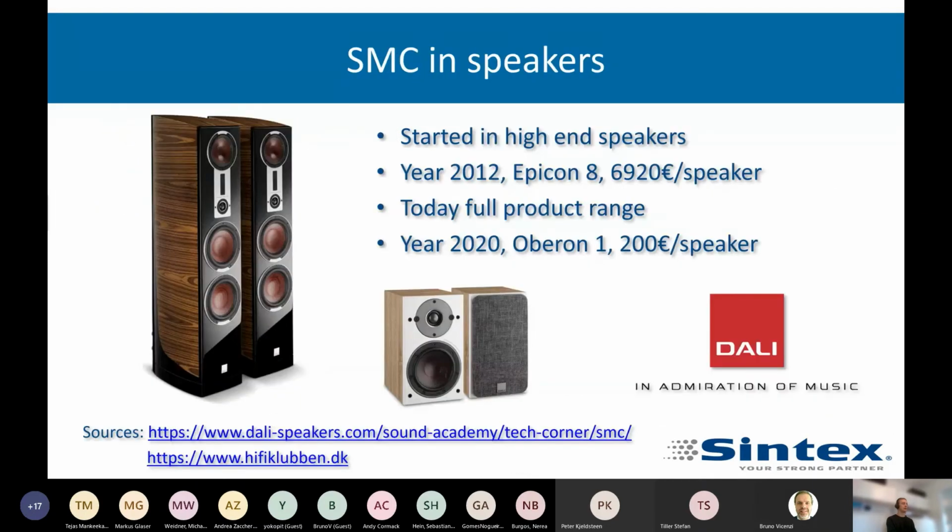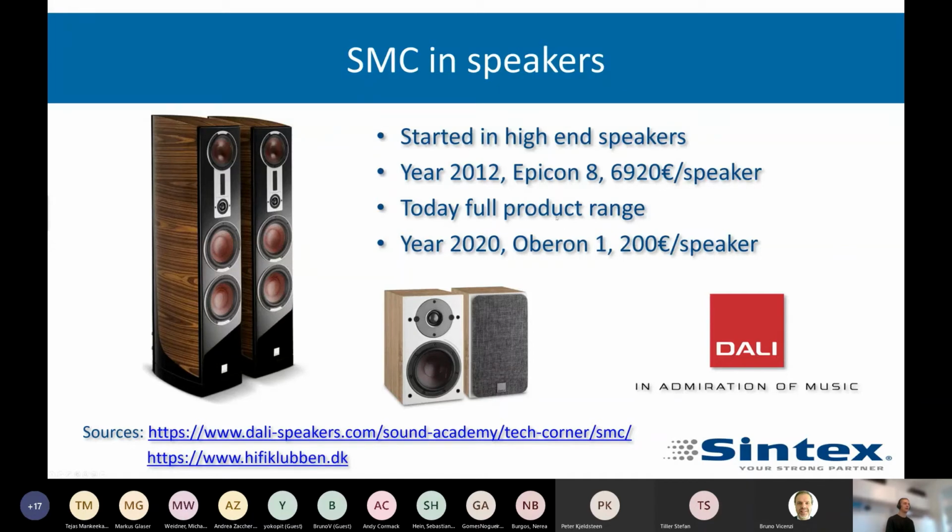They started in high-end speakers, which were very expensive. The Epicon 8 is still quite expensive, I think it's more or less the same today, 7,000 euro per speaker. You usually want stereo, so you have to multiply this by 2.